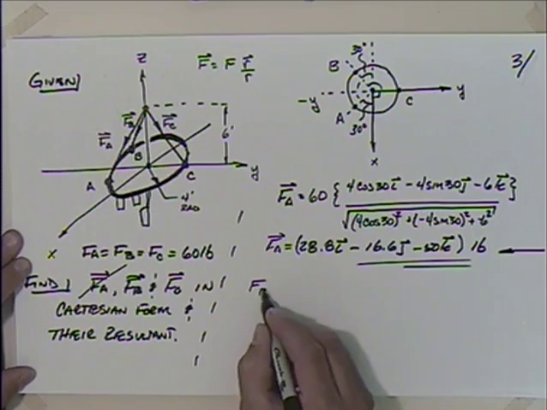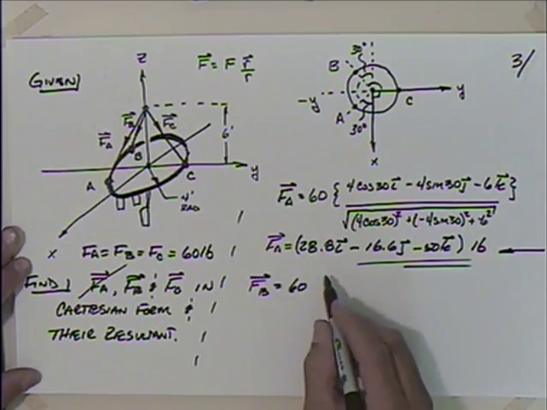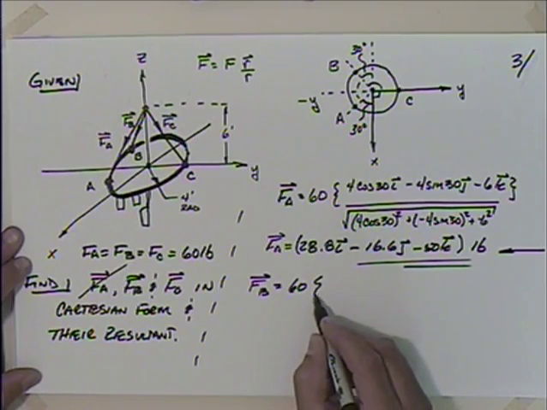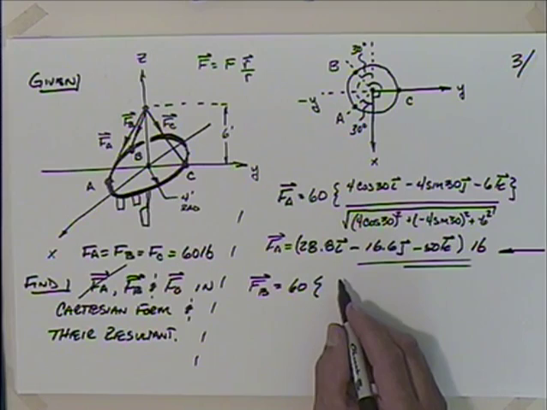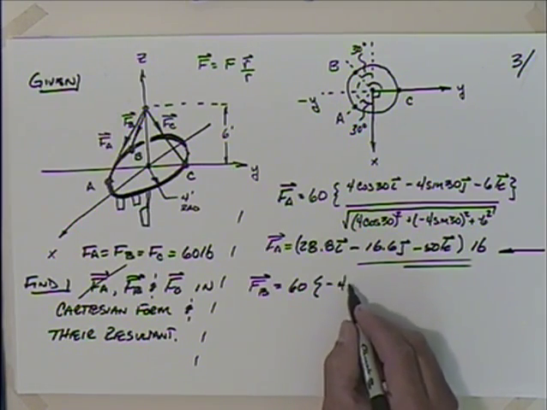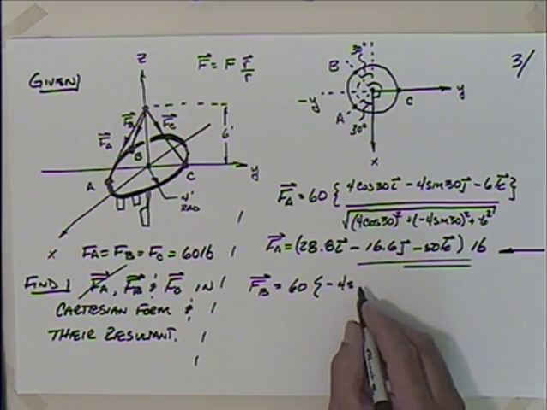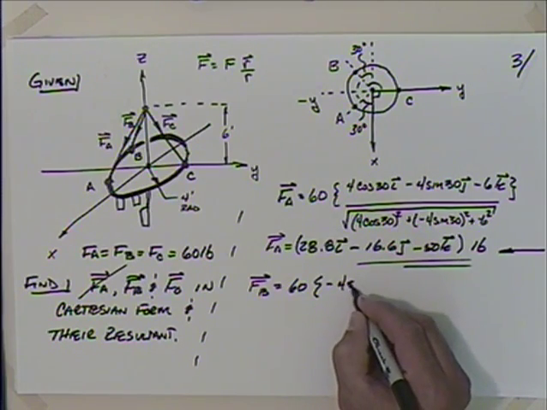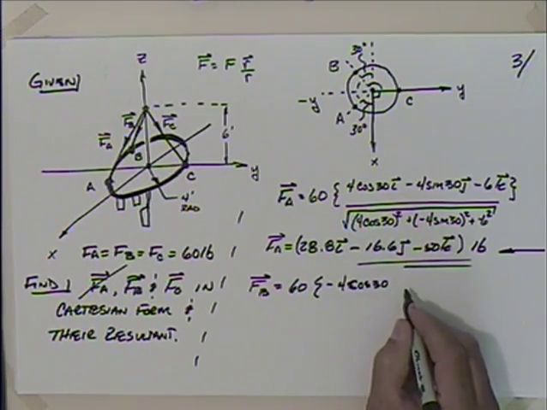So F sub B is going to be, again, 60 times, what do we have here? We should have a lot of similar terms. This time we have minus 4 times the sine of 60. Let's see, maybe I won't write that in terms of sine of 60. Why don't I say cosine of 30?